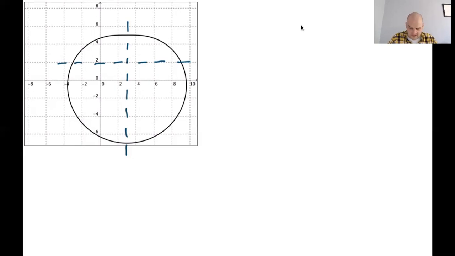So let's see, let's find some distances. So this looks like it goes from 3 to 9. So I'm thinking that this distance right here is probably, oh yeah, great. I went too far. 3 to 9. I think that is going to be 6.